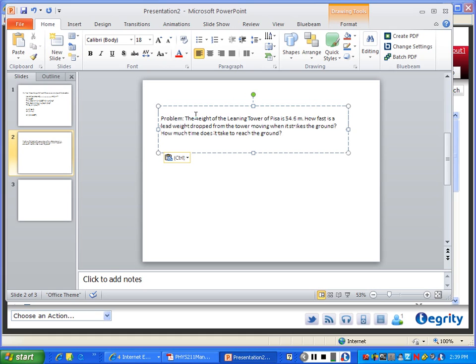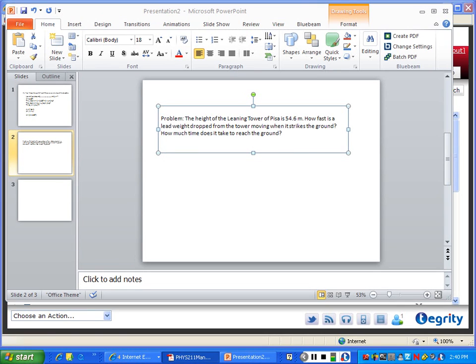The problem: the height of the Leaning Tower of Pisa is 54.6 meters, and how fast will a lead weight dropped from the tower be moving when it strikes the ground, and how long does that take, right?